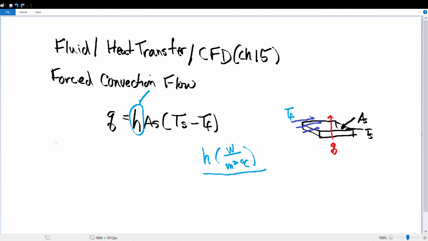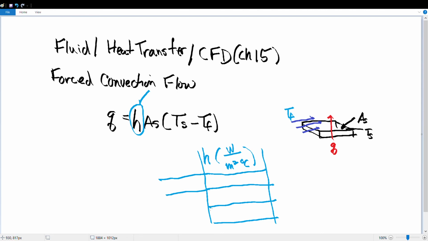So the general rule of thumb, what I tell students, is we're going to do maybe three different conditions here. I'm trying to draw a table here. For the first one, I'll abbreviate condition. The first one we're going to say is natural convection.